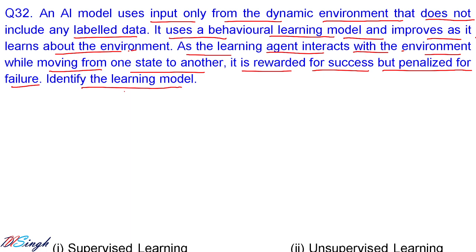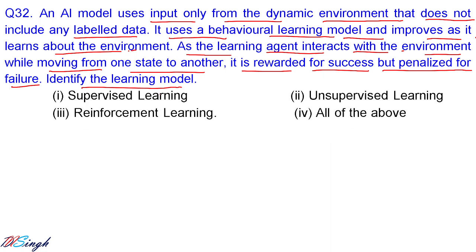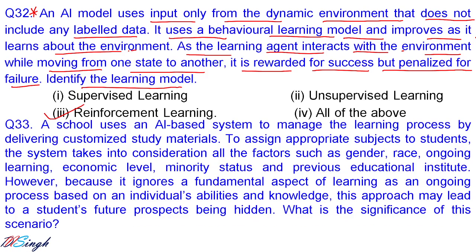Identify the learning model. This is the definition of reinforcement learning, where the agent interacts with the environment and moves from one state to another, and it is rewarded for success and penalized for failure. So remember, this definition is for reinforcement learning. Let us go for the next question.